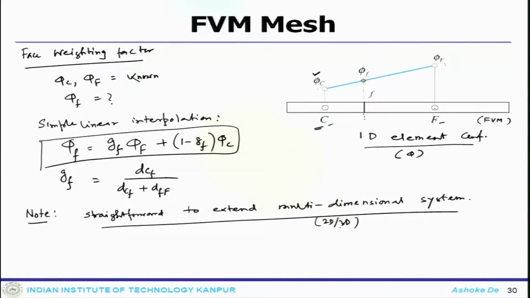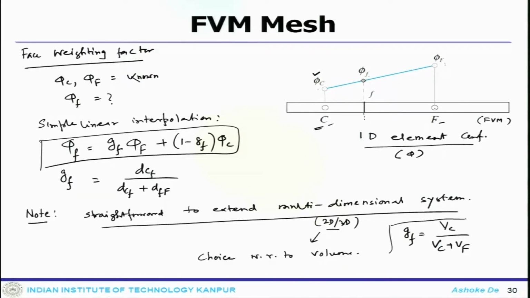In 2D or 3D cases you can have a choice, and that choice is with respect to volume. So, one can use g f as a ratio between Vc divided by Vc plus Vf.